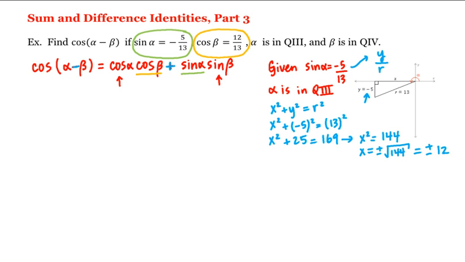Now remember that x's are negative in quadrant 3, which means we're going to choose the negative possibility down here. That is, x is equal to negative 12.